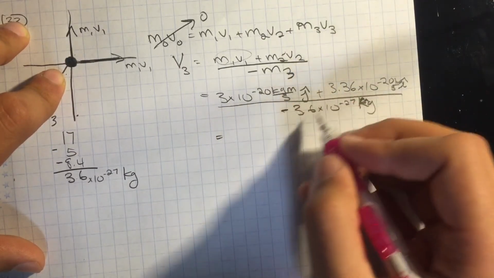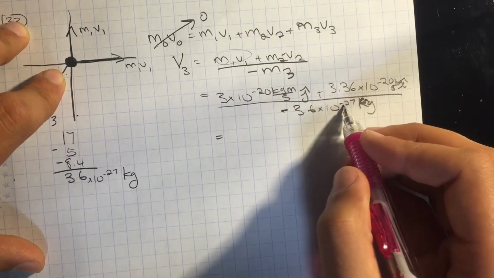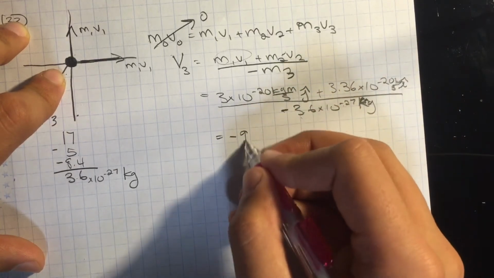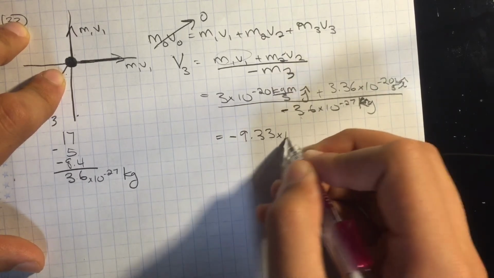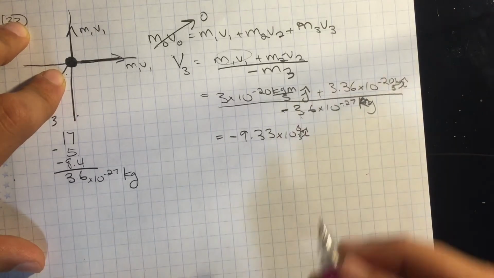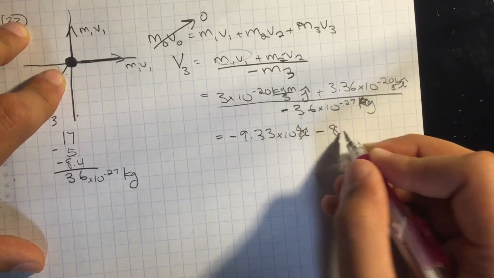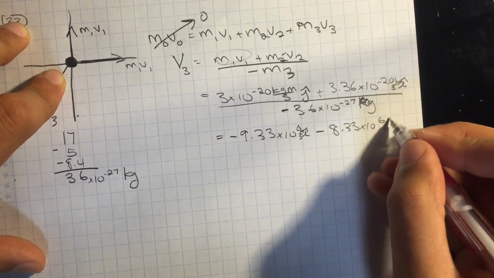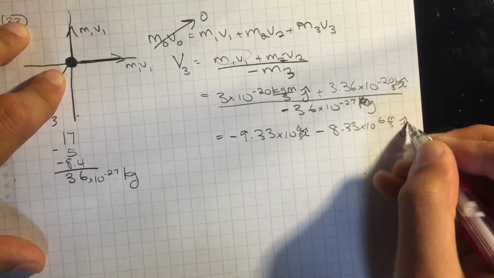So when we solve for the velocity, and I'm going to put the i hat vector first and then the j hat second, it's going to be negative 9.33 times 10 to the 6th meters per second in the i hat direction, and negative 8.33 times 10 to the 6th meters per second in the j hat direction.